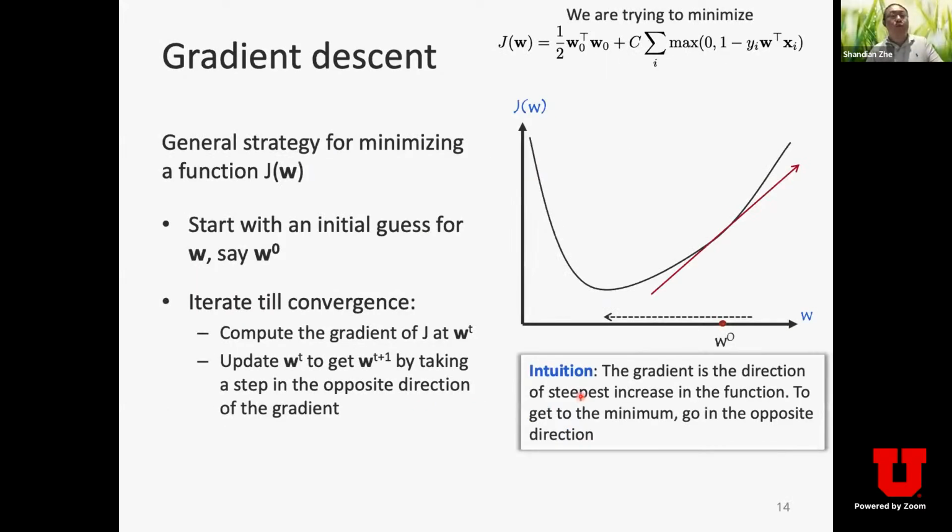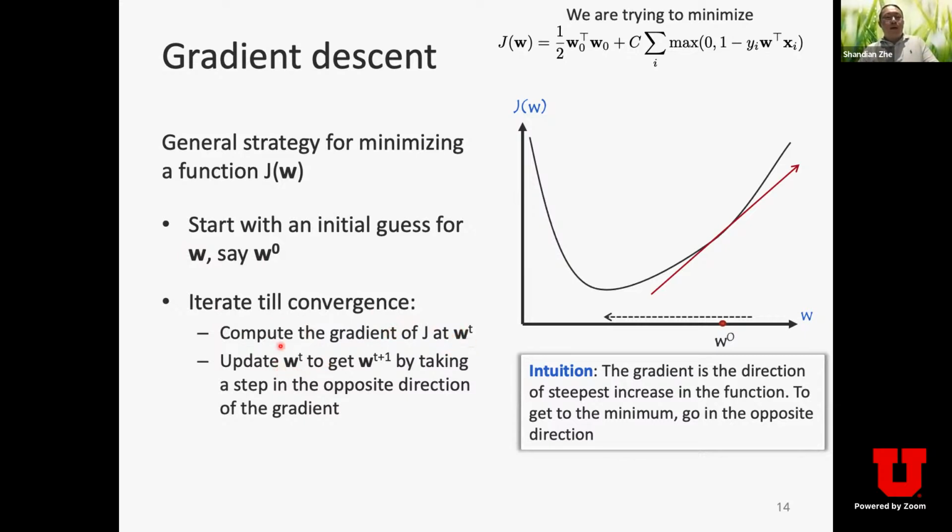So let us look at the gradient descent framework. We have seen this before. Given the objective, we start with some initial guess of our parameters, W0. Then we do the following iterations until convergence or some stopping criterion is met. At each step, we compute the gradient of the objective function at the current model parameters.